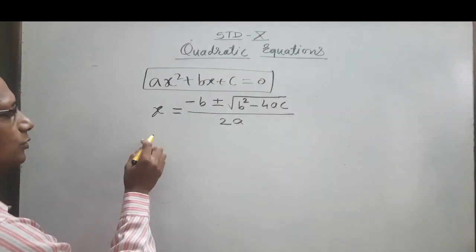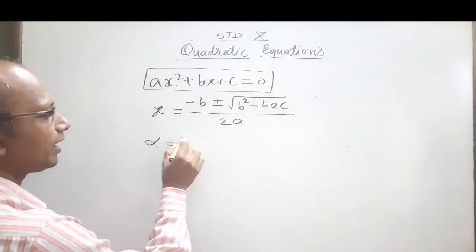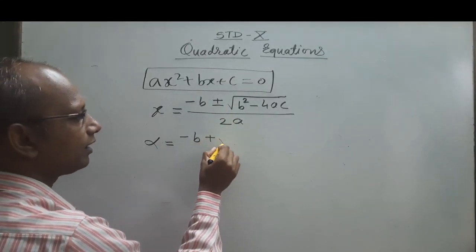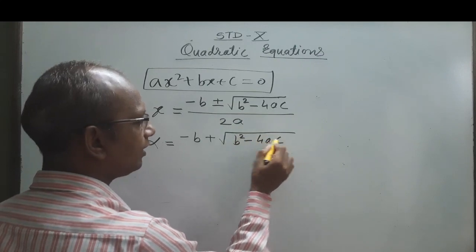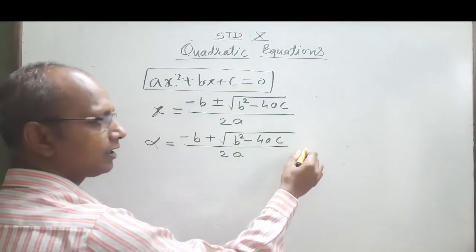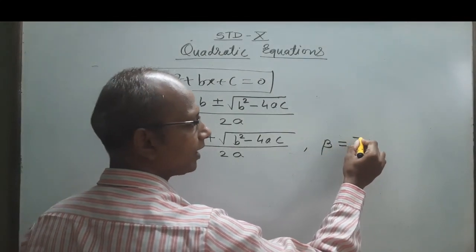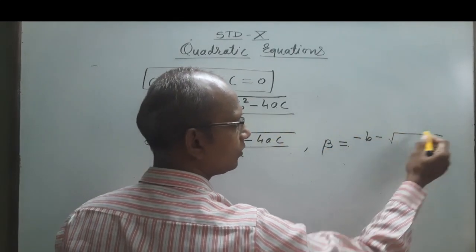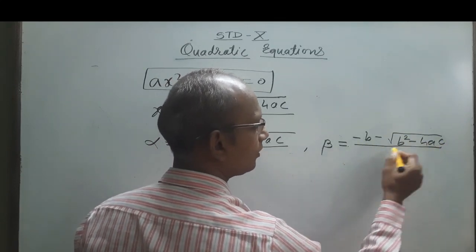Then the first root is alpha equals minus b plus under root b square minus 4ac upon 2a, and the other root, denoted by beta, is equal to minus b minus under root b square minus 4ac upon 2a.